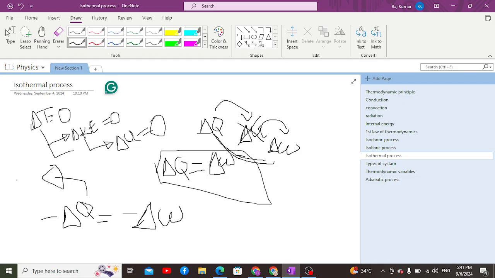When the thermal energy is being released from the system, then at that moment work is done on the system. When thermal energy is released from the system, then work is done on the system.